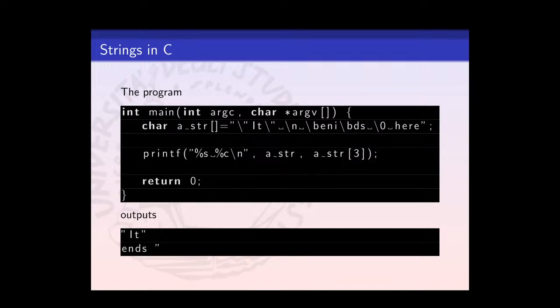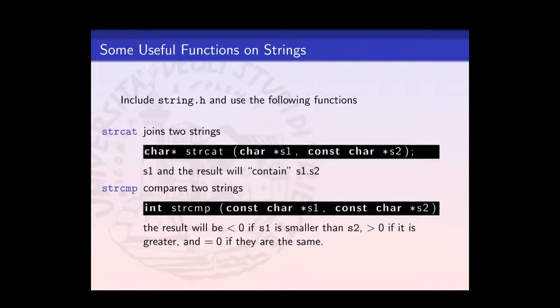Okay, so now we are able to deal with strings. So strings in C basically are arrays, sequence of characters. But of course it could be useful to have some kind of function to deal with strings too. So if you want to cut two strings, how can we do it?